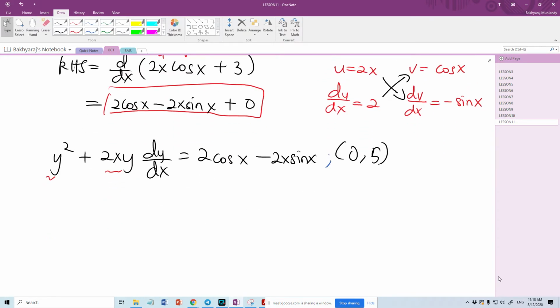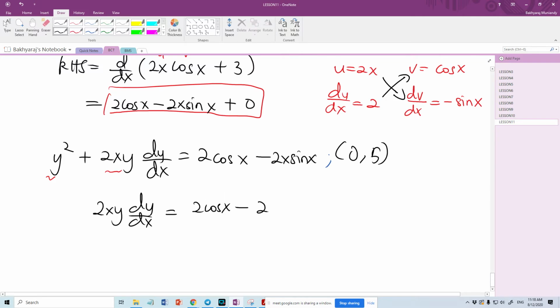So what should I get? dy/dx must be equal. Before I get dy/dx, I must bring y squared over. So 2xy dy/dx will equal 2 cos x minus 2x sin x minus y squared.